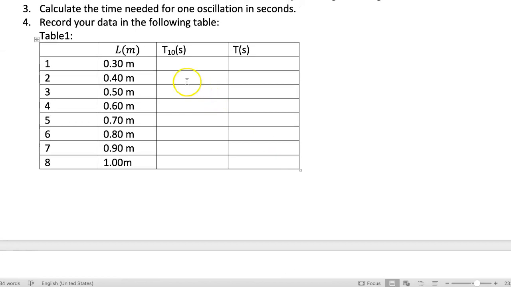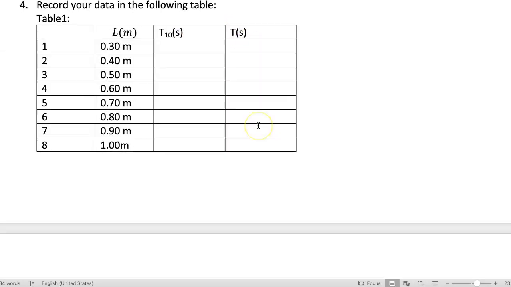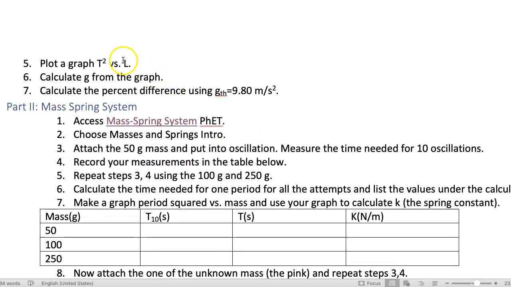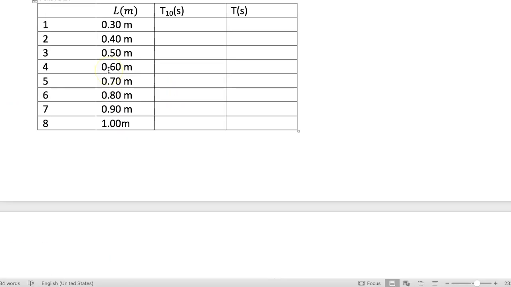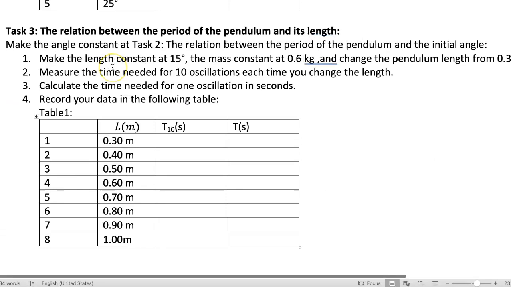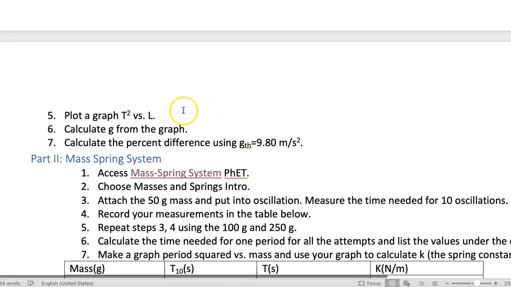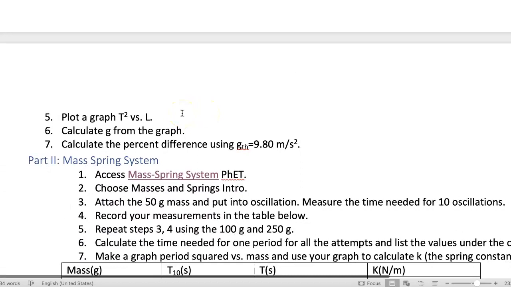You are going under the calculation section. You are going to have, of course, T, because this is calculated, and you are also going to find T squared. Then you are going to record T squared. The reason I need T squared, not T, is that I have a square root, and I need to get rid of the square root.